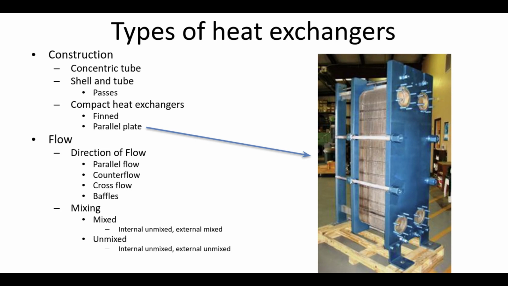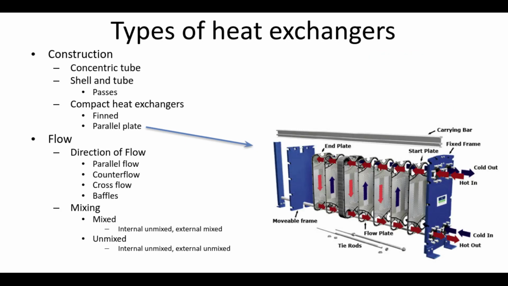So they have these plates that separate layers of fluid. And each of these layers of fluid is like a page of the book, but you have a hot and a cold, a hot and a cold, a hot and a cold, right? Extremely efficient. You can make them very compact, right? And they have a very, very interesting, quirky design. So in that drawing that you have in your notes, you get to see how it is designed for the fluid to go hot or cold in alternate plates, in alternate spaces, right?